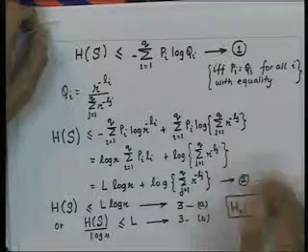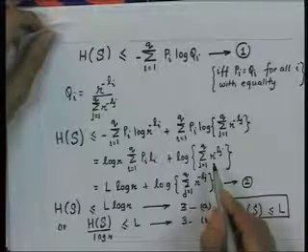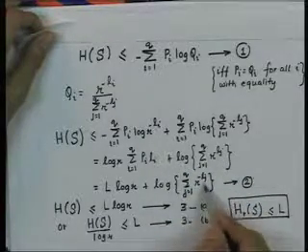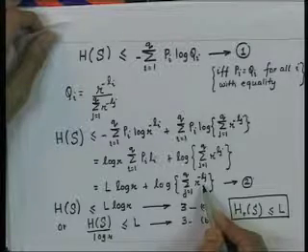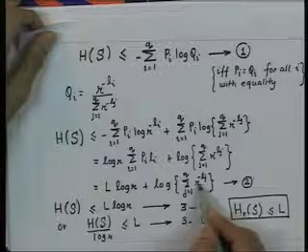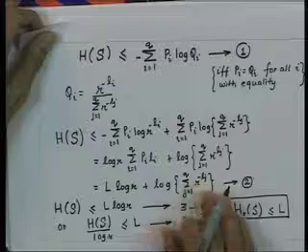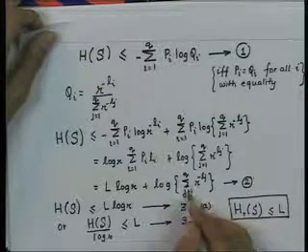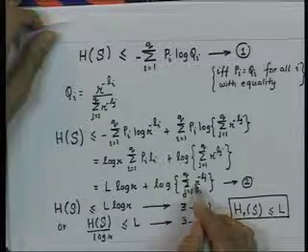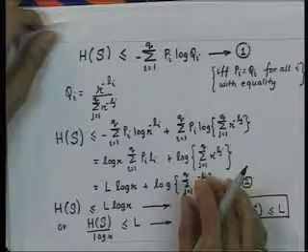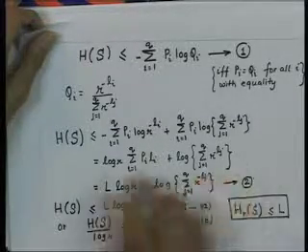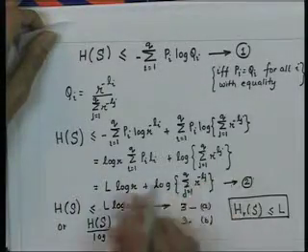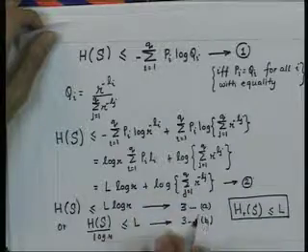So, if we assume that the code is instantaneous, and we assume one more thing, that summation j equal to 1 to q of r to the power minus L_j is equal to 1, then this will be an equality. So, this will not be dropped out from this expression.